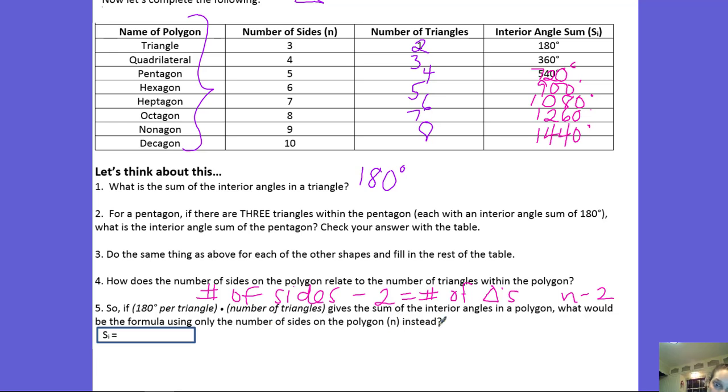If there are 180 degrees in every triangle, and there are the number of sides minus 2 triangles in every polygon, then the sum of all the interior angles of every polygon can be found by taking the number of sides minus 2 and multiplying it by 180.